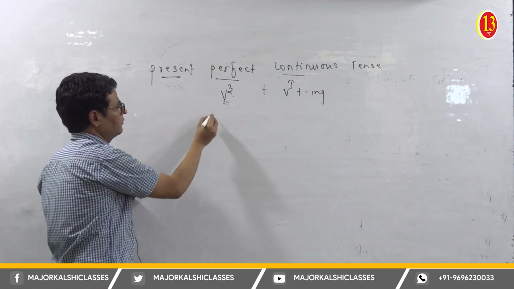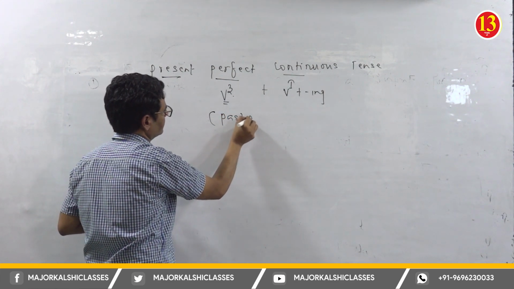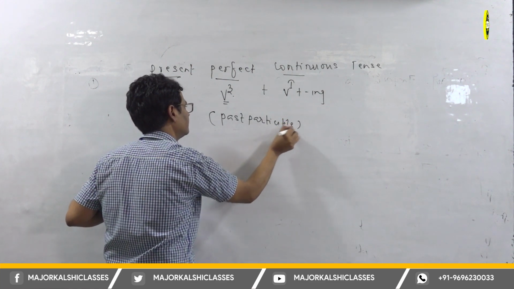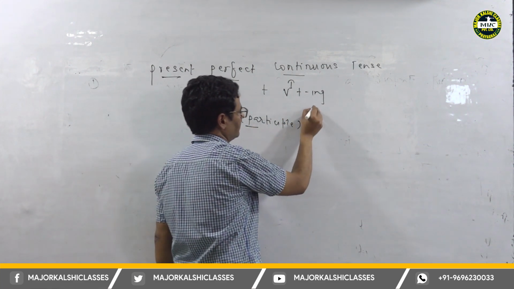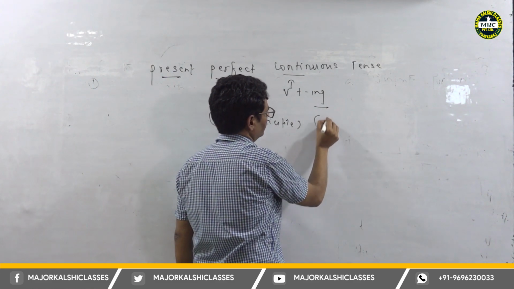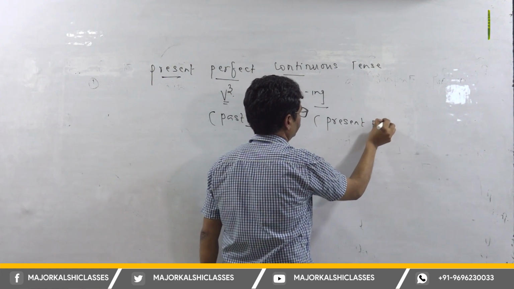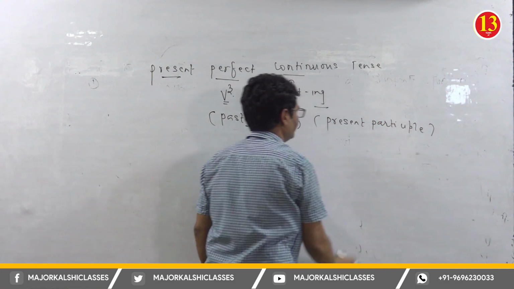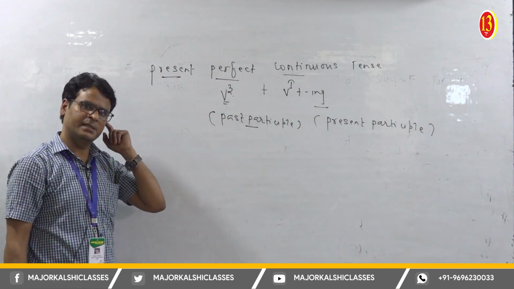And the third form is called past participle, right? And the ing form is called present participle. Is it possible that in this tense we have to use third form plus ing form?